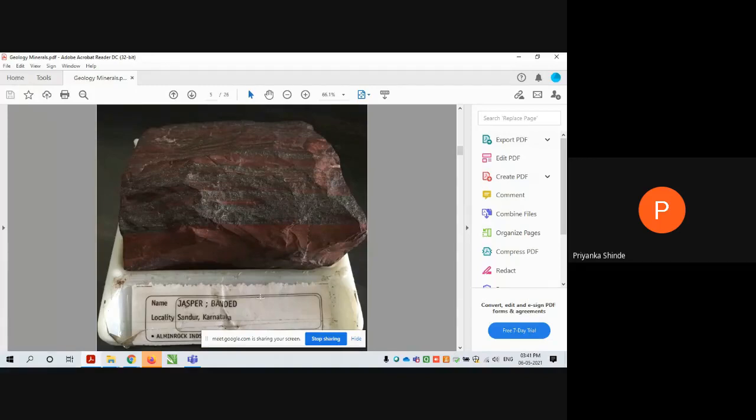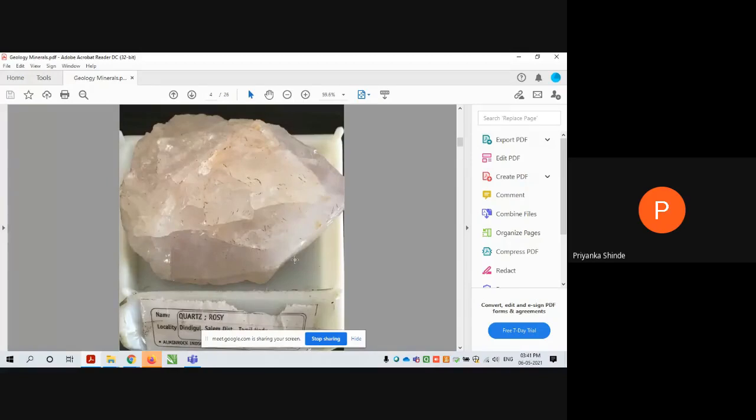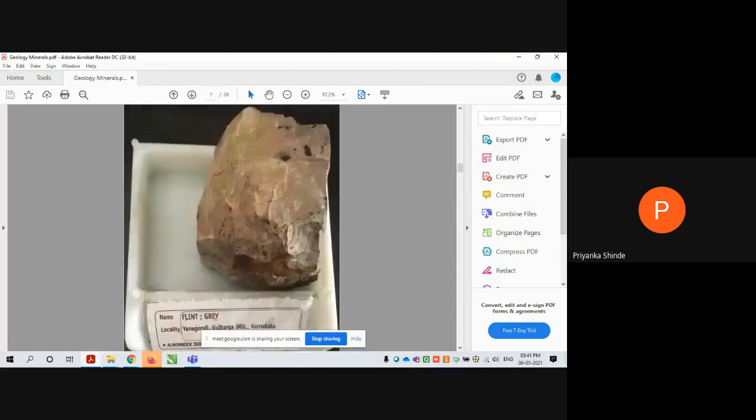Then where do they occur? That is occurrence. If you recall the chemical composition of granite, granite is an igneous rock. We all know that granite is an igneous rock, and if you see the composition of granite, the main composition is quartz and feldspar.